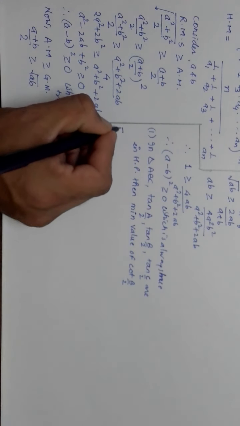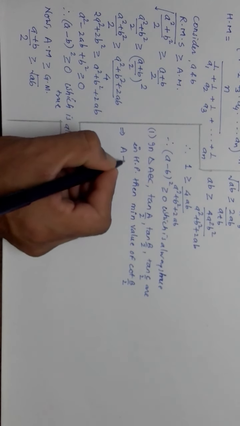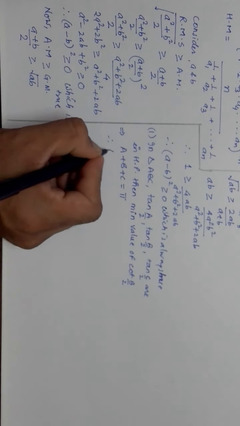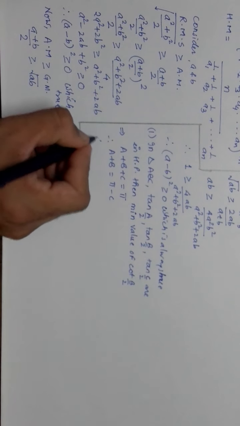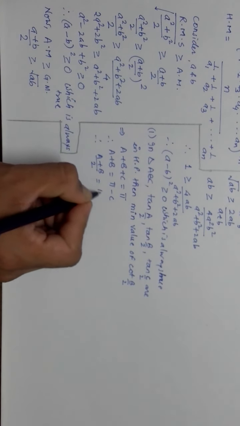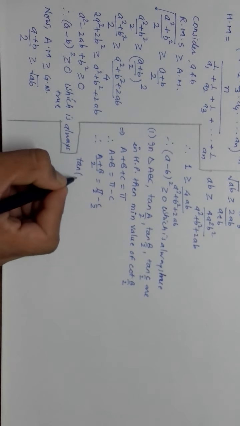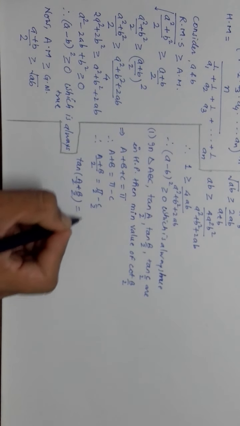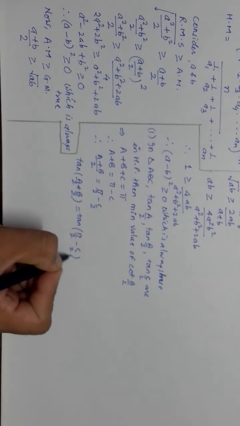You know that ABC is a triangle, so obviously A plus B plus C is equal to pi, which indicates A plus B is equal to pi minus C, which in turn gives (A plus B) by 2 is equal to pi by 2 minus C by 2. Taking the tangent ratio, you get tan of (A by 2 plus B by 2) is equal to tan of (pi by 2 minus C by 2).